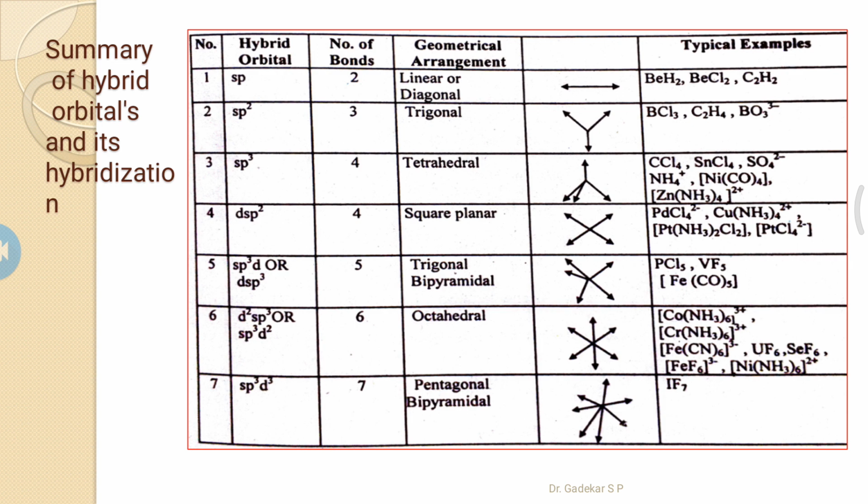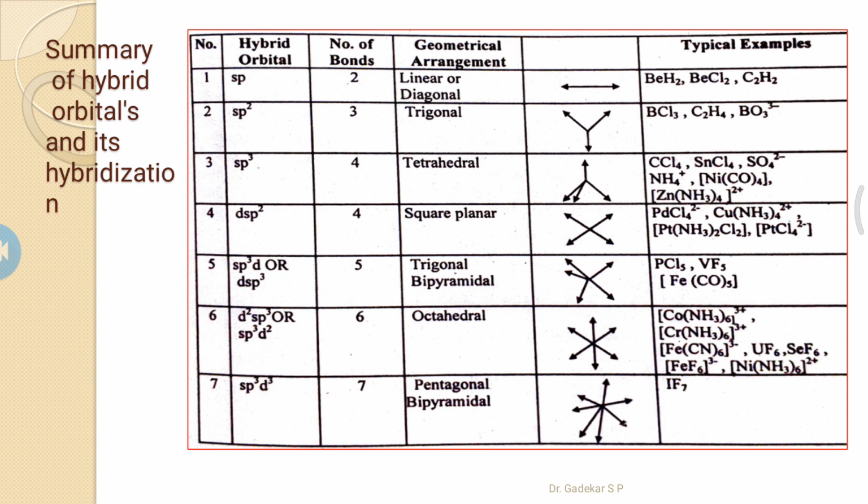Okay, so consider first the sp type of hybridization. There are 2 bonds involved to form a linear or diagonal geometrical arrangement. A typical example is BeH2, beryllium hydride, beryllium chloride or ethyne molecule. In these molecules sp hybridization forms, where s and p hybrid orbitals are involved.